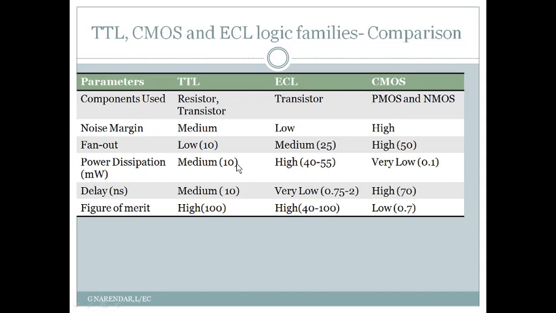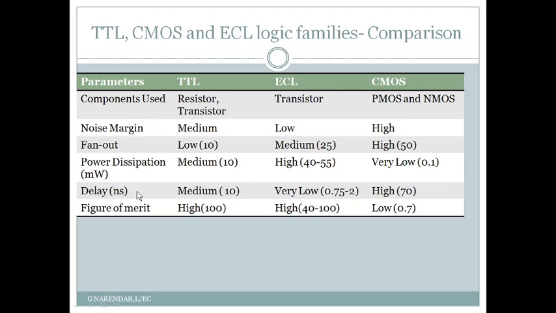Similarly, the next parameter for comparison is the propagation delay, expressed in nanoseconds. The propagation delay is the delay experienced by the signal from input to output. So if the delay is high, the logic gate is slower, and if the delay is low, the logic gate is faster. So we always prefer the logic gate with the lowest propagation delay.